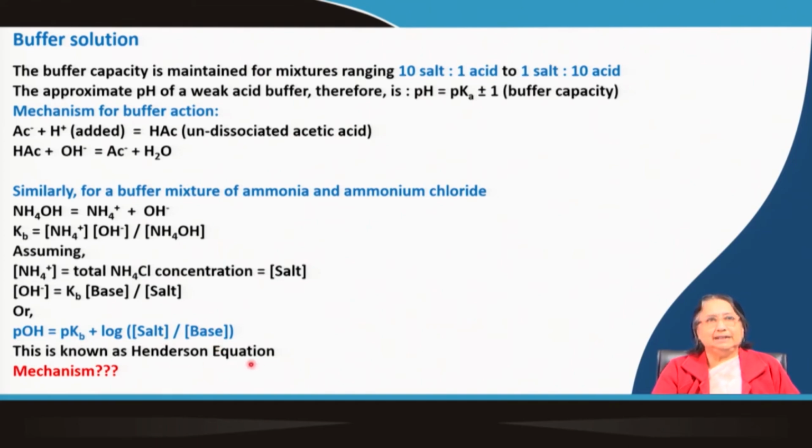This is also the Henderson equation, and the mechanism will also be the same way as it has been explained in case of acid. Okay. If you add acid H plus, then what will happen, and if you add a slight amount or small concentration of OH minus, then what will happen? This will be very similar to this one.